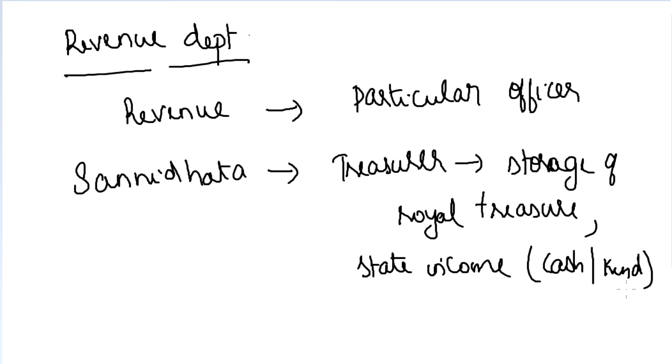So once more, the central administration was conducted through a number of offices, largely relating to the control of revenue, each under a particular officer. Sannidhata, the treasurer, was responsible for the storage of the royal treasure and the state income, both in cash and kind. So that was the first officer, Sannidhata.